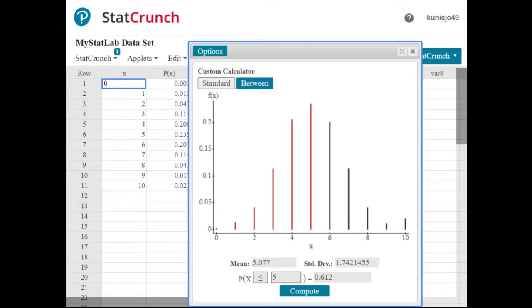So that includes all the numbers between 2 and 8. Because remember now, the random variable takes on whole numbers, 0, 1, 2, all the way through 10. So the only numbers that aren't included in this rule of thumb are 0 and 1 and 8, 9, and 10.